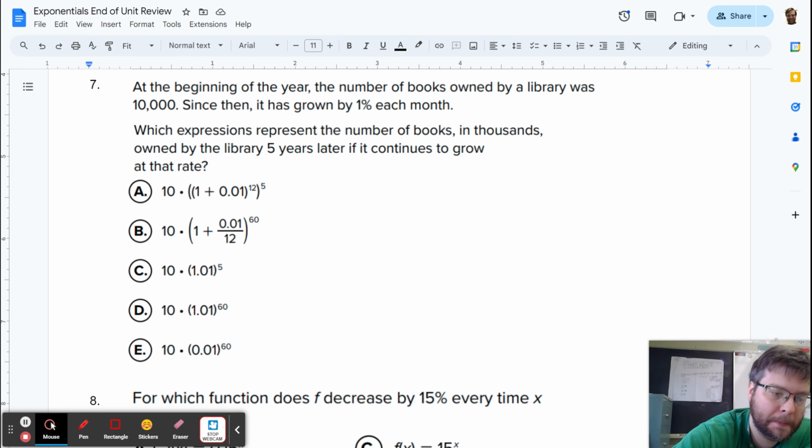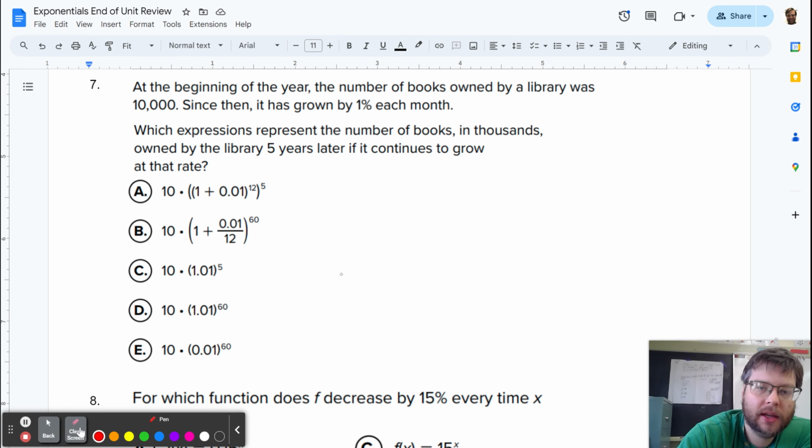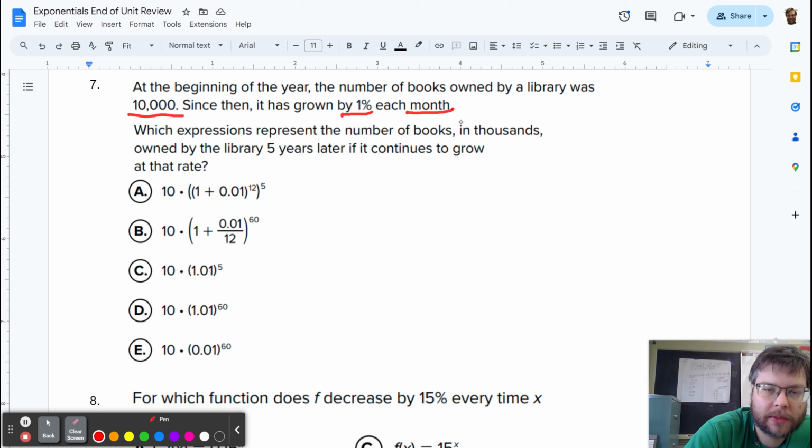Okay, anyway, almost done. Okay, at the beginning of the year, the number of books was 10,000. Since then, 1% each month. We are expressing the number of books in thousands, so we'll just see the number 10 instead of 10,000. 5 years later. Okay, 1% each month.